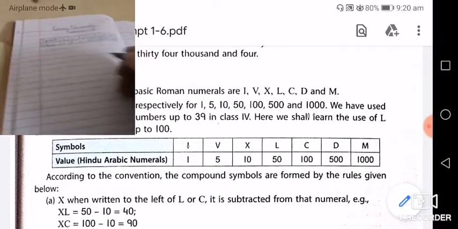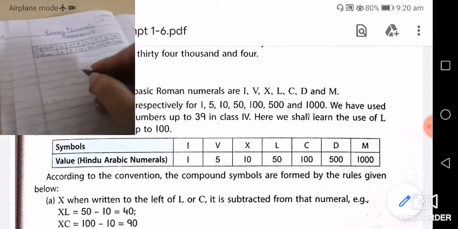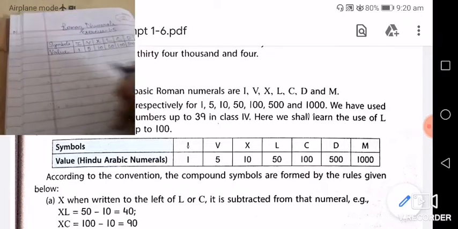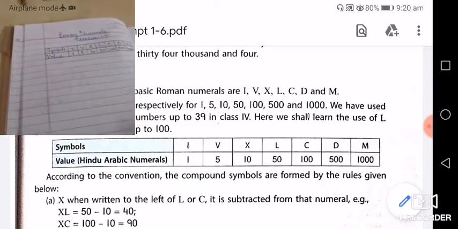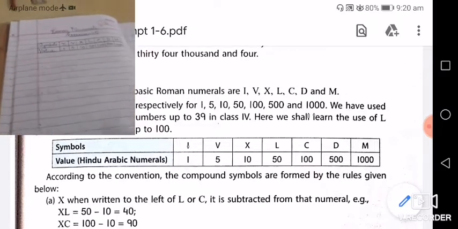Now, there are some basic rules for writing Roman numerals. When we were doing the exercise, along with that exercise only, I am going to tell you the rules.